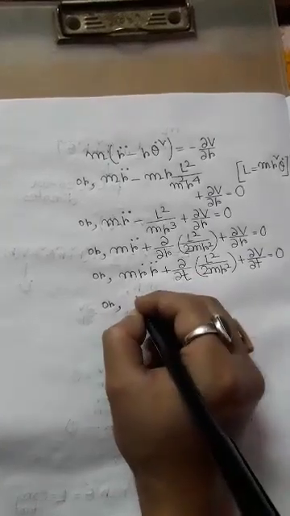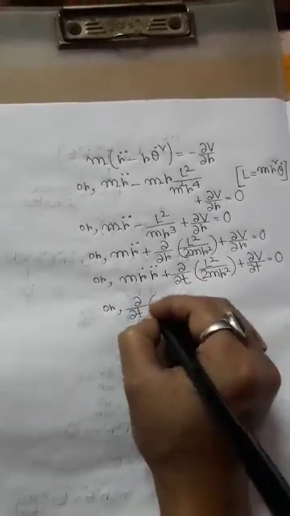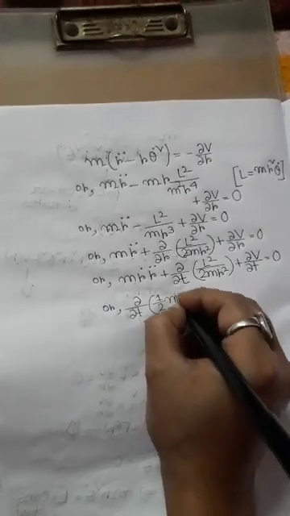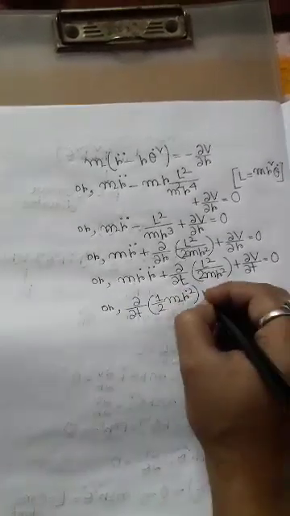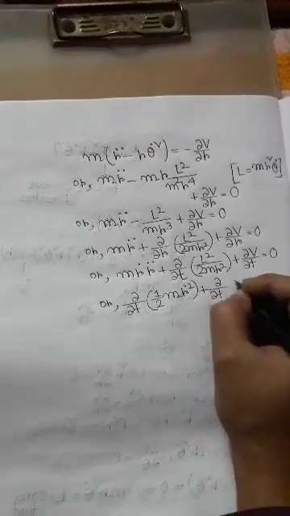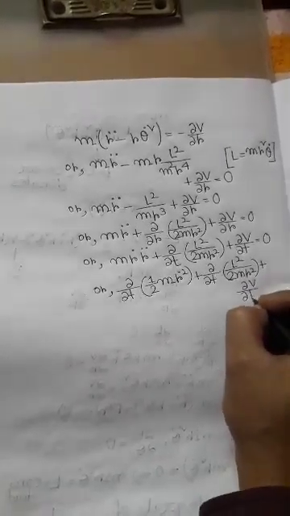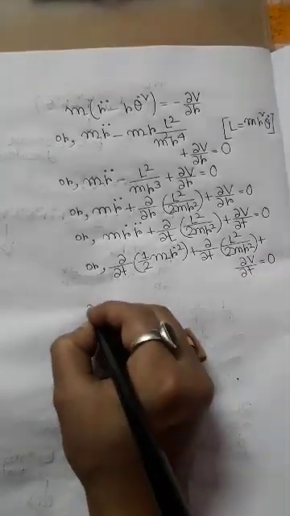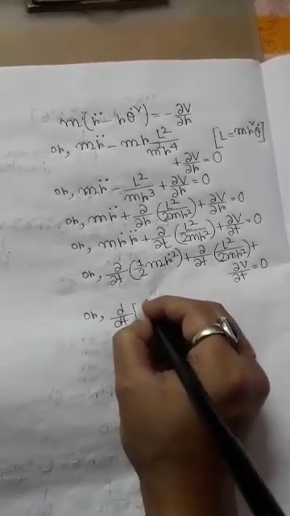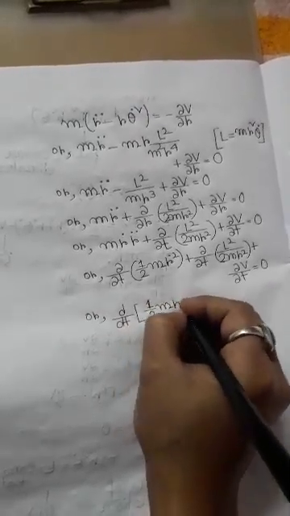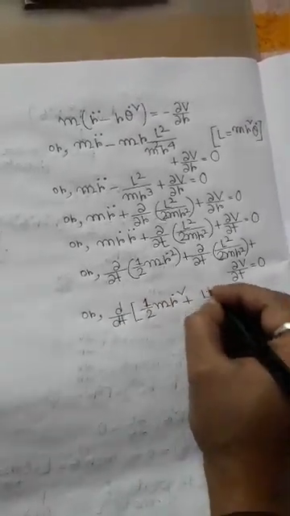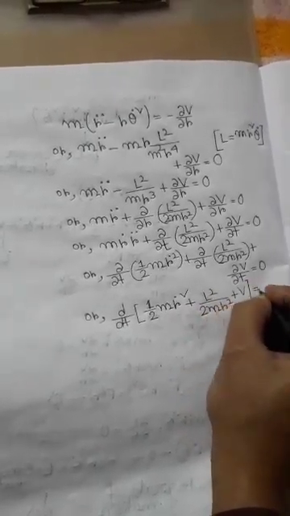Now this can be written as del del t of half m r dot square plus del del t of L square by 2 m r square plus del v del t equals 0. So in general we can write d/dt of the sum of three terms, half m r dot square plus L square by 2 m r square plus v, equals 0.